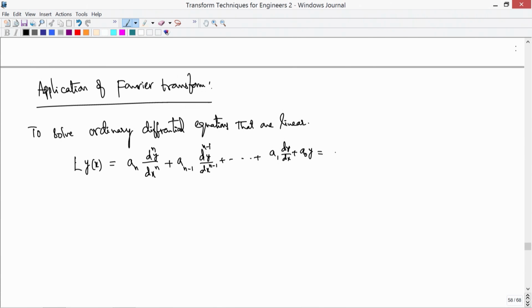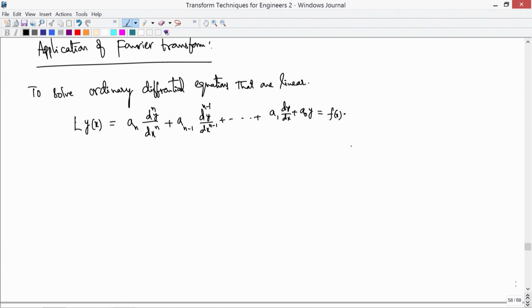So, on the right hand side you normally get f(x), which is called a forcing term. That means in applications, if you have some outside force, this is the governing equation with the non-homogeneous term on the right hand side. Such an equation is a linear ordinary differential equation of order n.